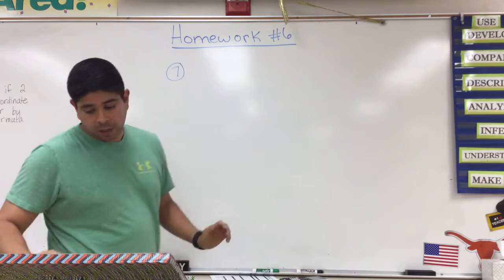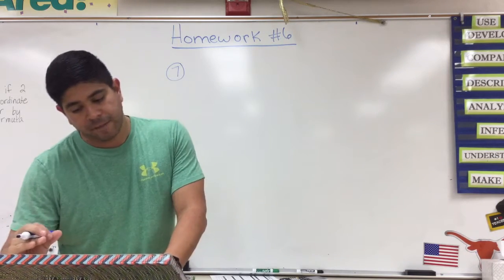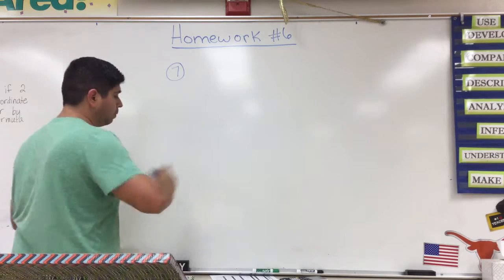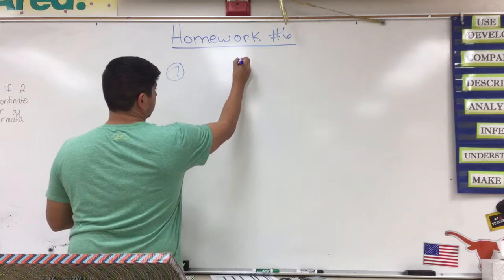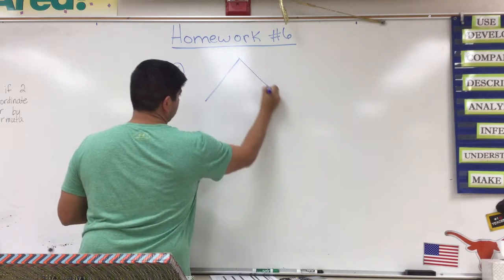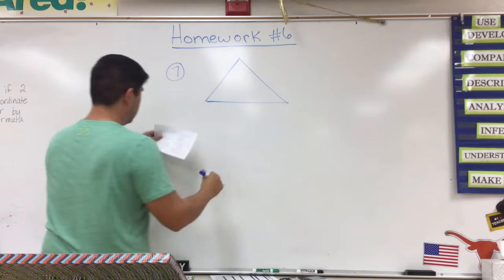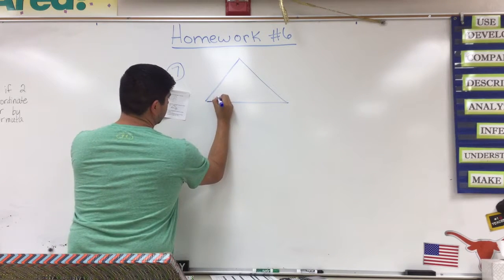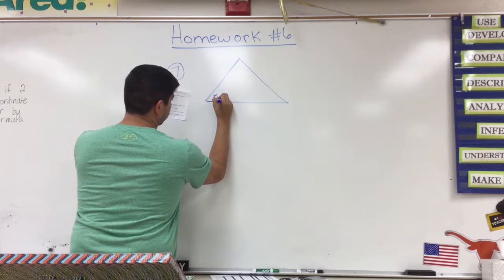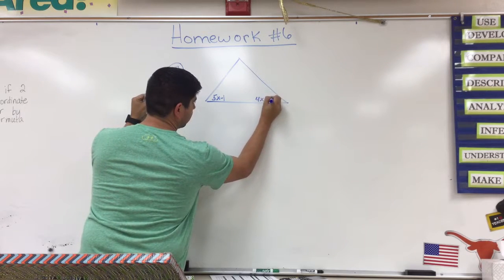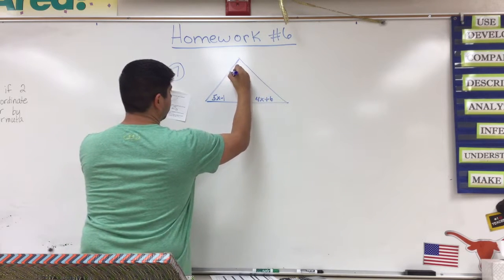Number 7 says, using the picture below, what is the value of x? So I have a triangle. I have 5x minus 1 here, 4x plus 6, and then 8x plus 5.